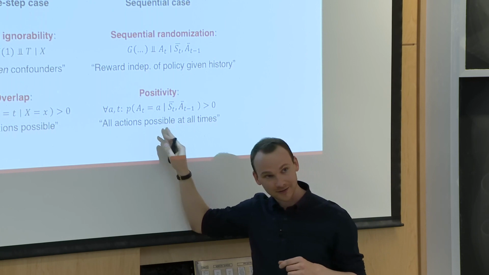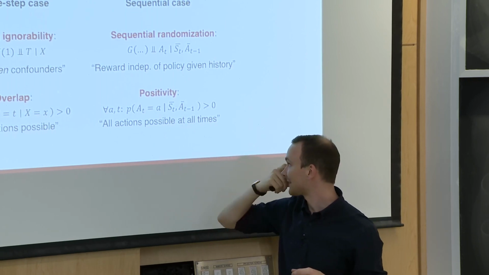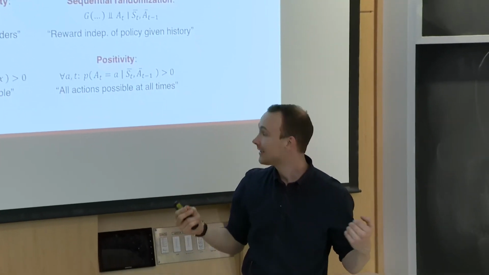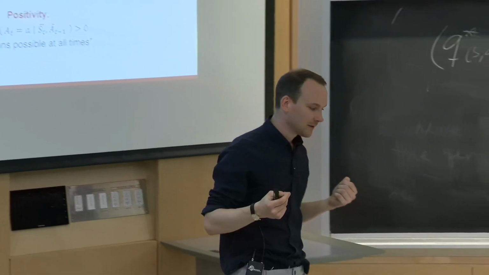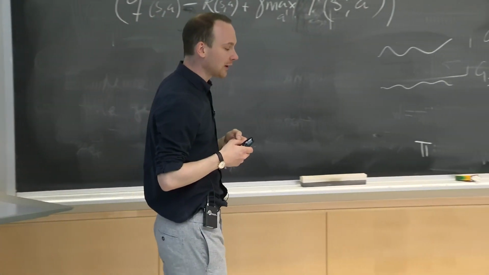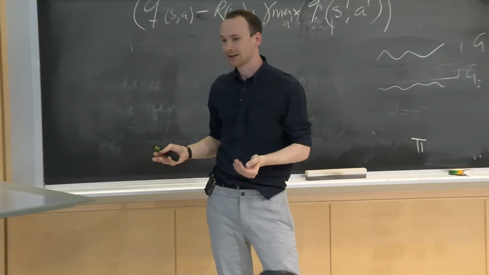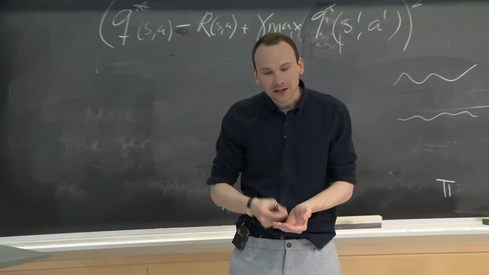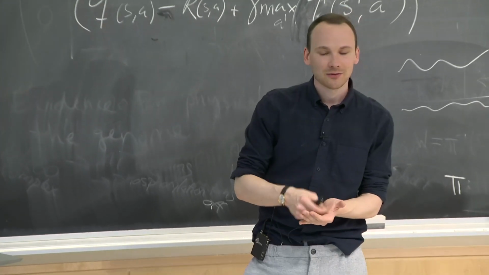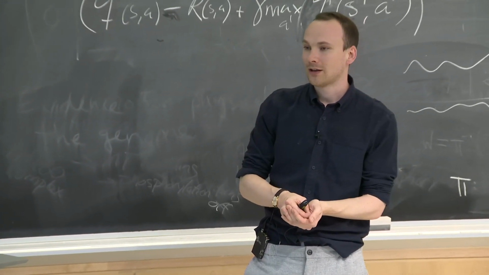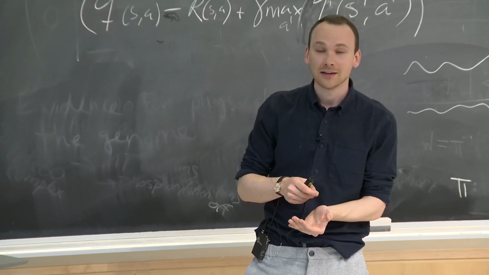Positivity is the real difficult one, though, because what we're saying is that at any point in the trajectory, any action should be possible in order for us to estimate the value of any possible policy. And we know that that's not going to be true in practice. We're not going to consider every possible action at every possible point in the healthcare setting. There's just no way.